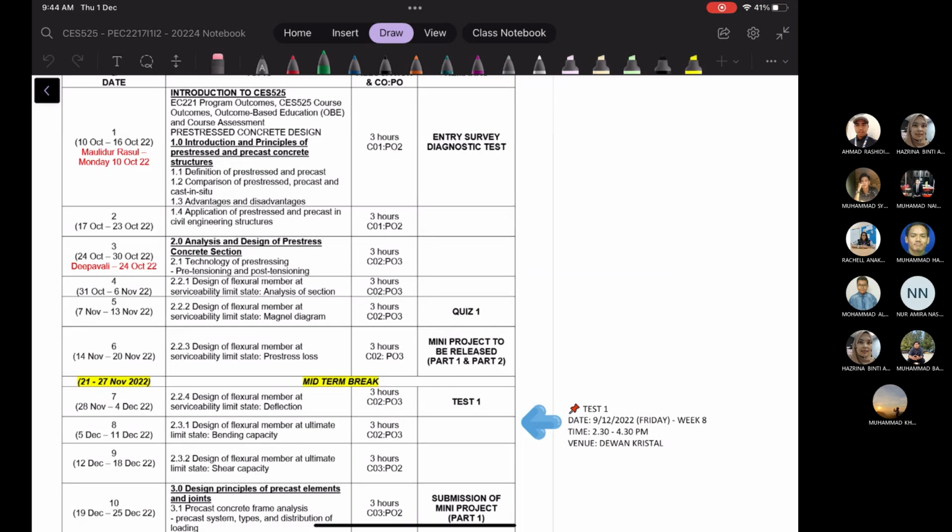So what we learned today is not included in test 1. Don't forget our test next week. In case you have anything to ask, you can inform me so that we can discuss.